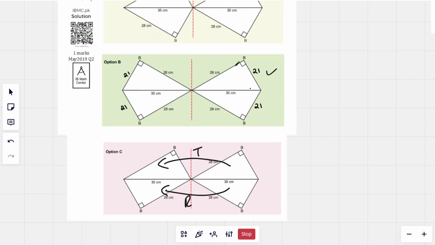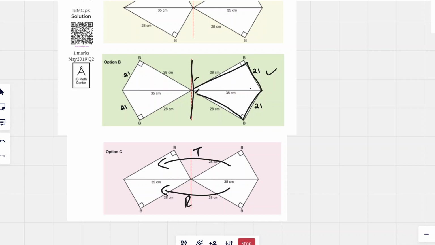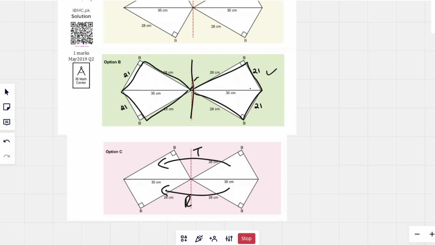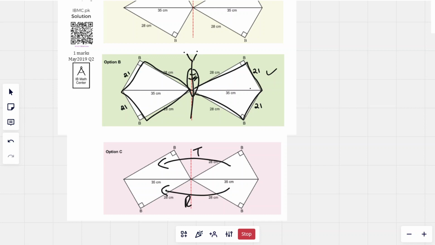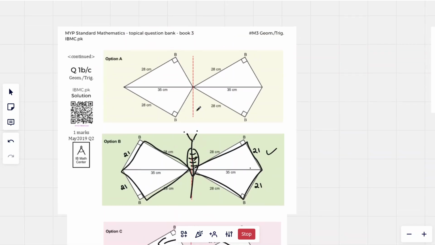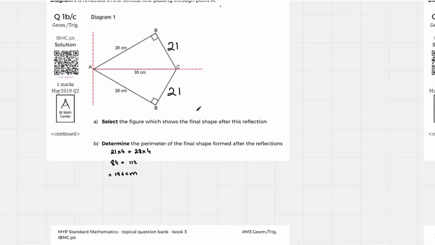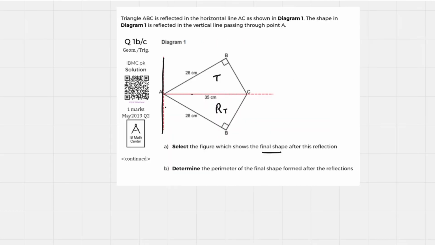However, option B: imagine this to be the body of the butterfly and imagine this to be one wing of the butterfly. How would the other wing be? Identical to it, but in the opposite direction. Hopefully this should make sense to you if you take this to be a butterfly. That is how option B is the correct option.